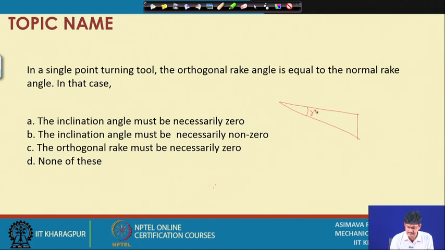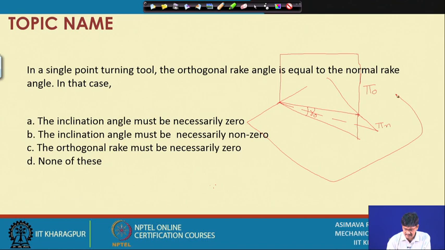This is gamma O. In the same way, this is the normal plane. So, this is the orthogonal plane. This one is the normal plane. This one is the rake surface.